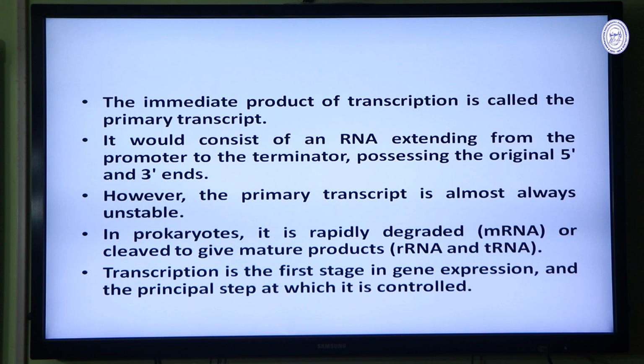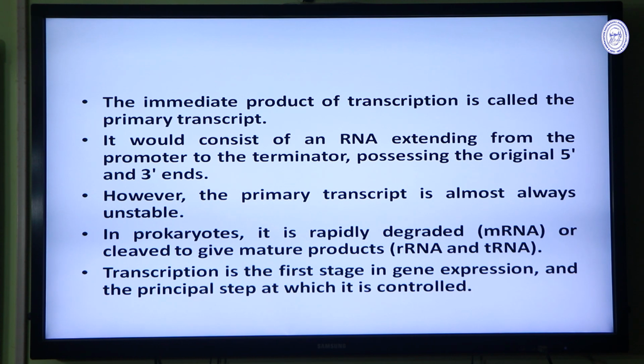So, following transcription, translation is initiated from the 5 prime end of the messenger RNA before the 3 prime end of the transcript is produced. And in the prokaryotic system, this messenger RNA is very rapidly degraded.